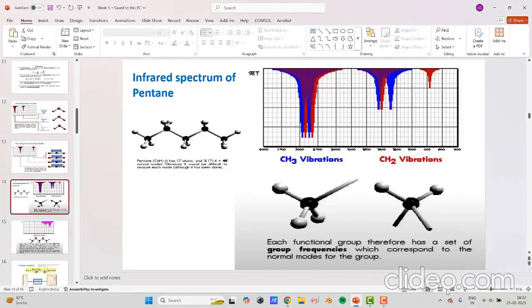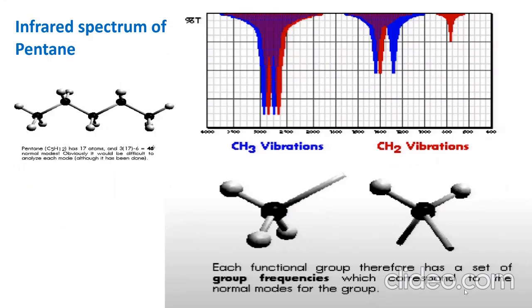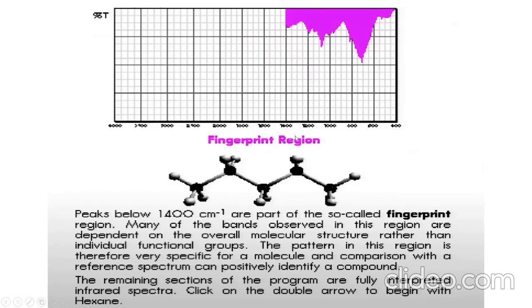Upon correlating the wave numbers in the table, we can see which vibration mode is coming for CH3 and CH2. And there is a fingerprint region after 1400. This we need to match with.